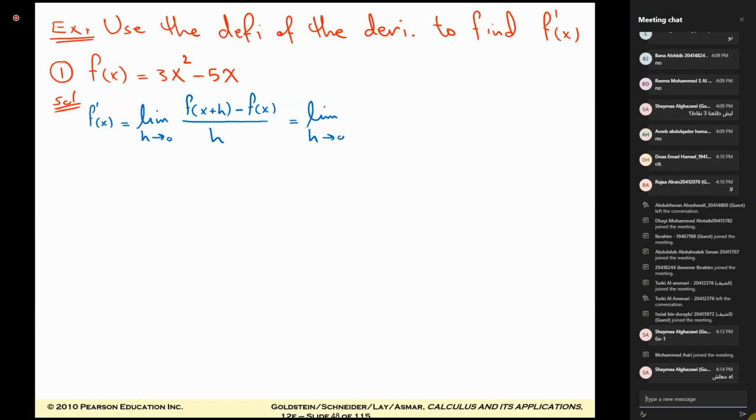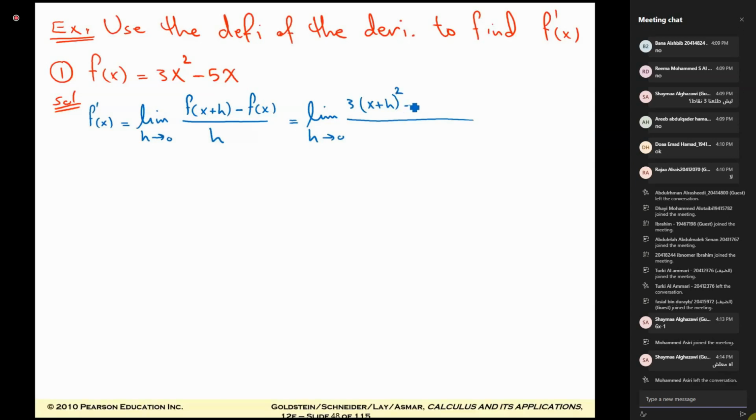Okay, now substitute x plus h in the f of x, so we have 3(x plus h) squared minus 5(x plus h). So replace any x with x plus h.